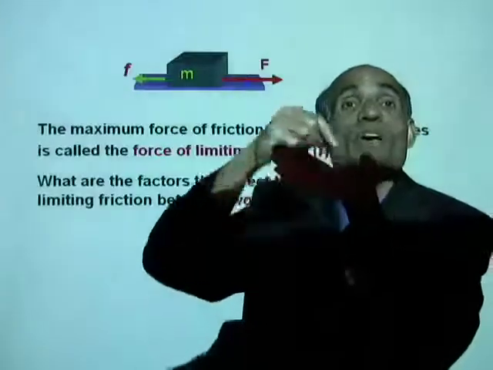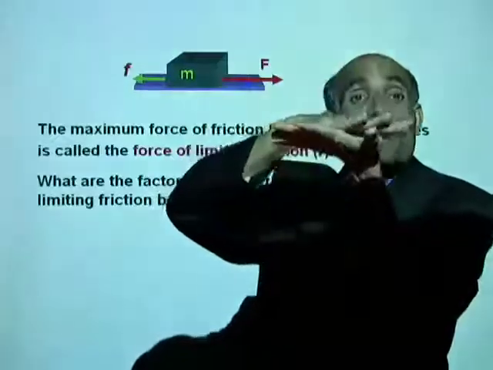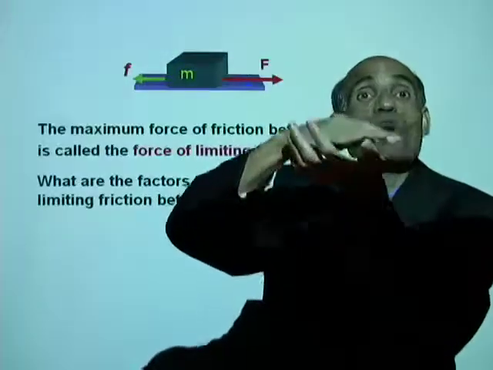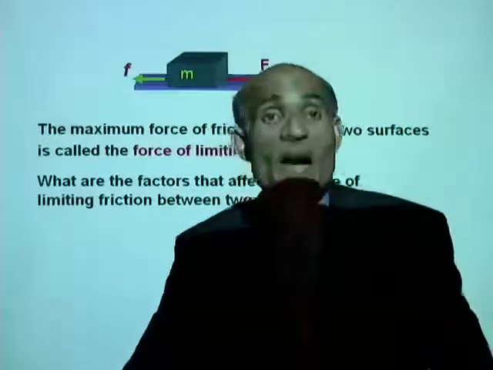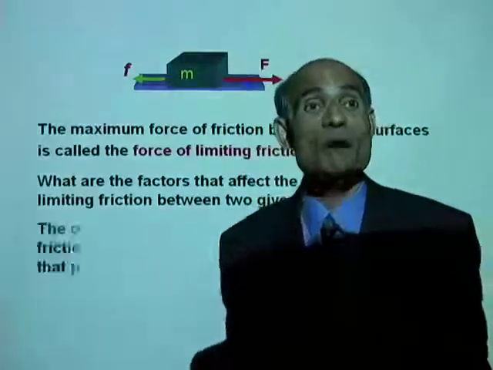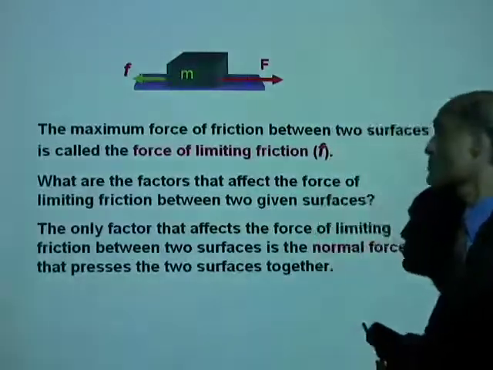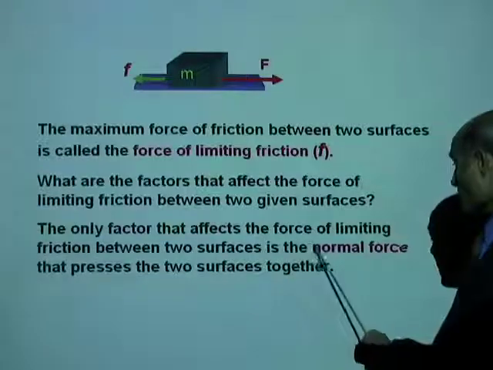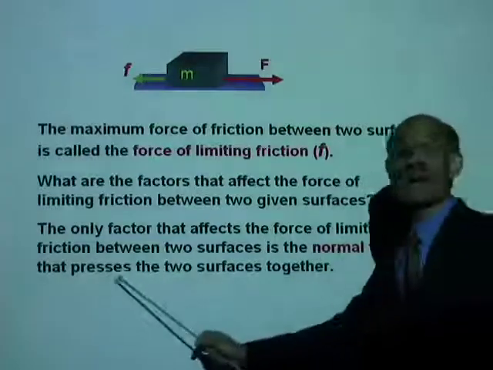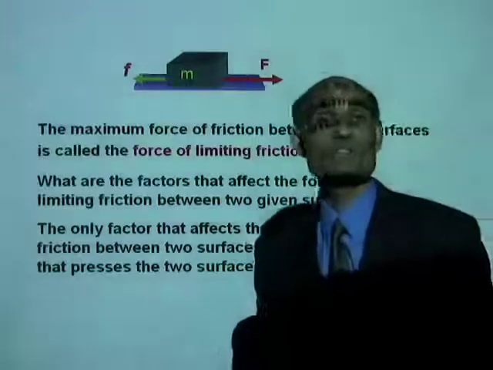In other words, it is the normal force. And when the two surfaces are horizontal, the normal force is the weight of the object that is being put in motion. The only factor that affects the force of limiting friction is the normal force, that is the force that presses the two surfaces together.